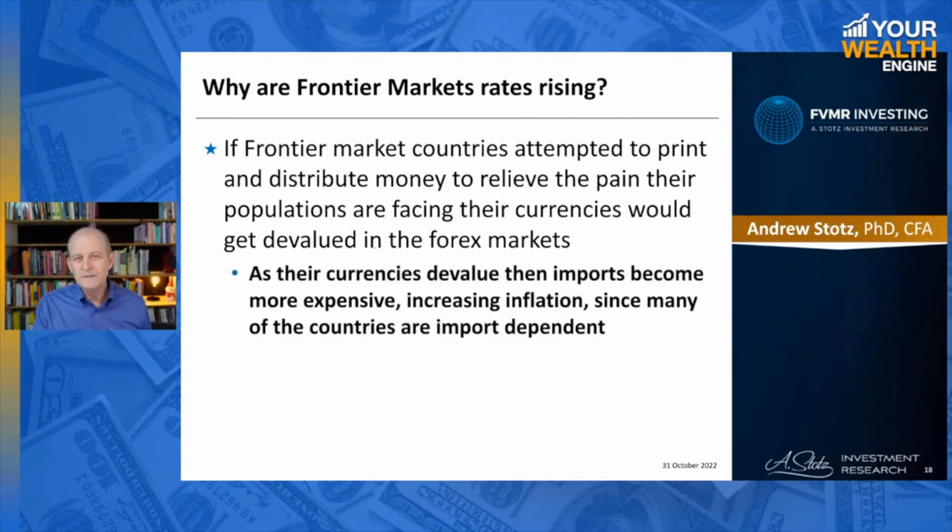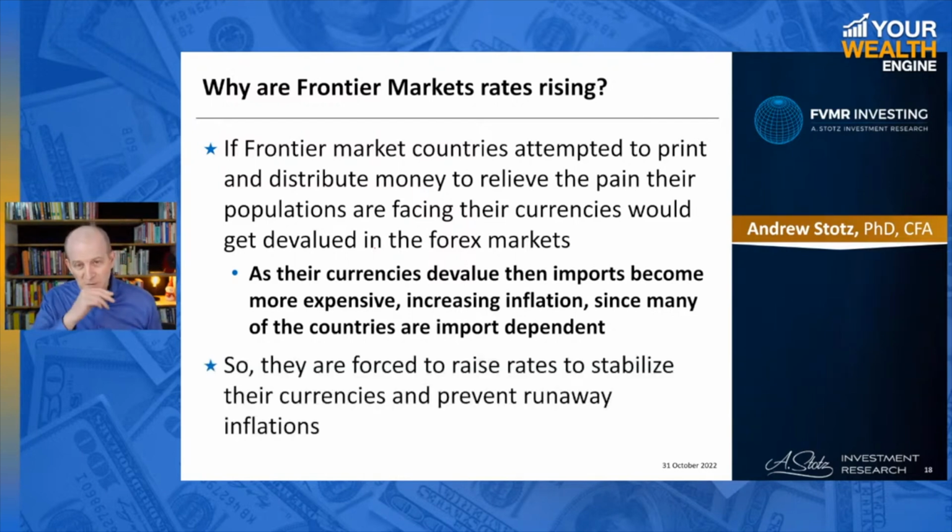Now, as their currencies devalue, then imports become more expensive, and that's increasing domestic inflation in these frontier markets, since many of the countries are import dependent. They could be smaller countries and they just don't have as much resources. So they're forced to raise rates to stabilize their currencies and prevent runaway inflation.